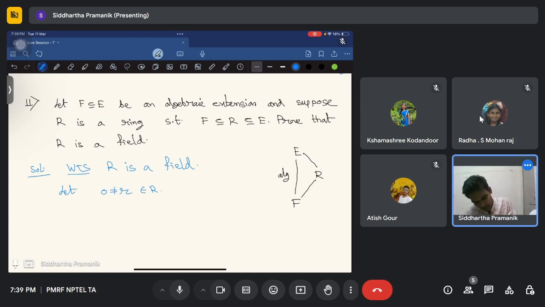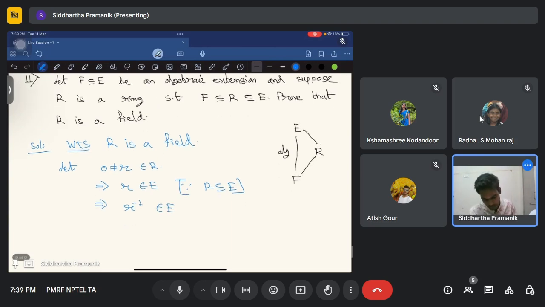Now R subset of E, right? So that means r belongs to E, since R subset of E, and E is a field. So r inverse exists in E because E is a field.